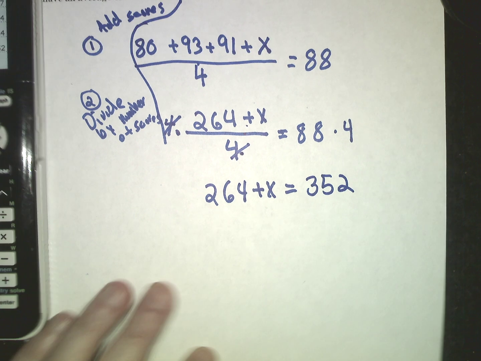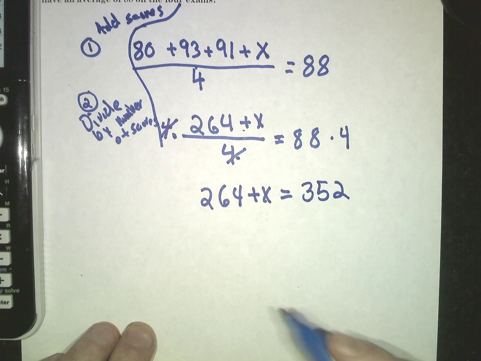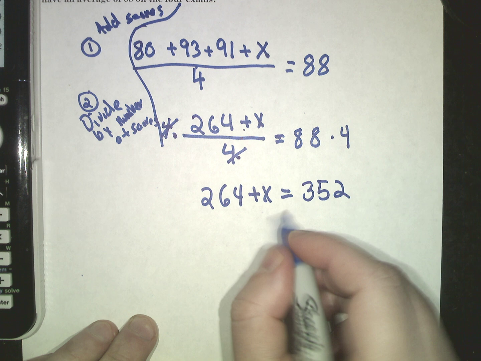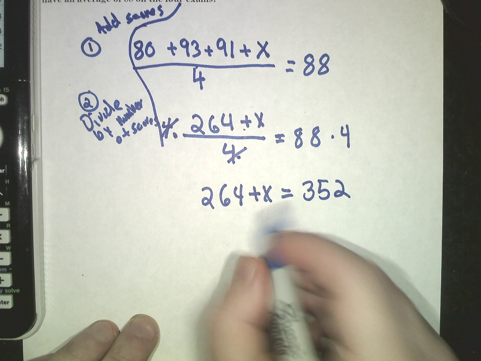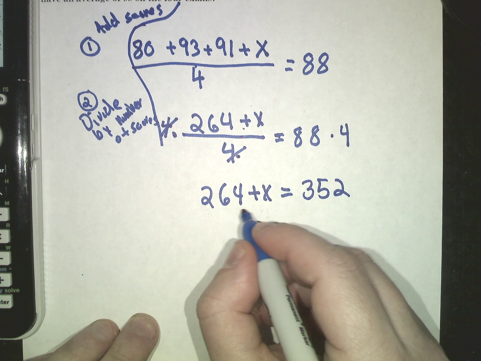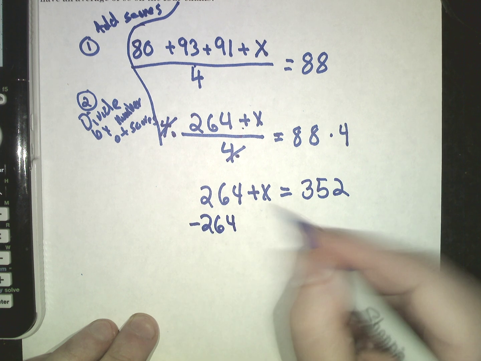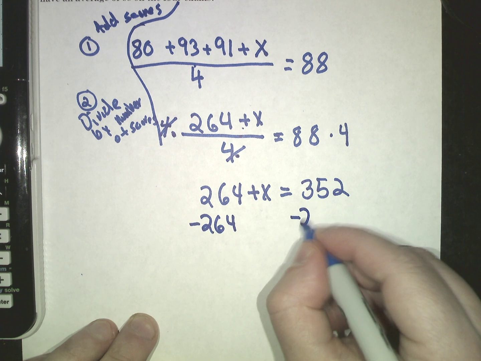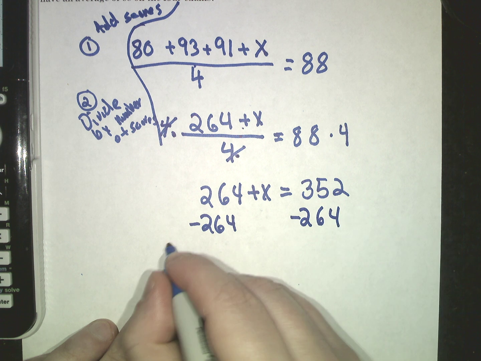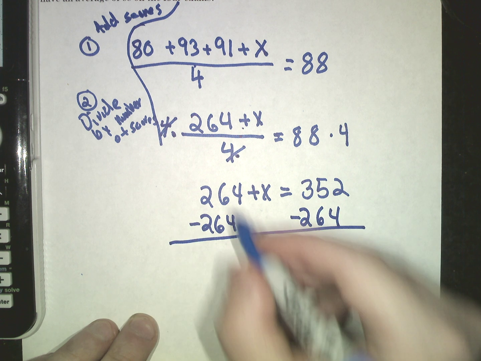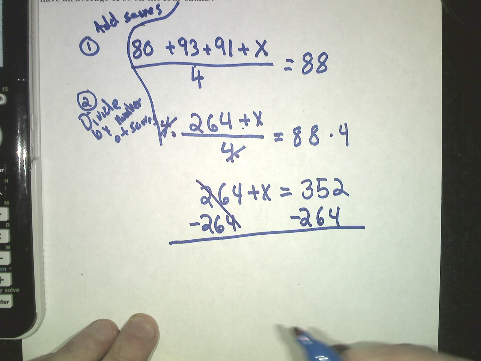Now, as you see this part, you're going to say, well, this is starting to get easier. Now, I'm going to say here, well, I'm going to have to subtract 264 here to get rid of it there. And we'll have to also do it to here. One side, you do it to one side, you have to do it to the other. These will cancel out and become 0.